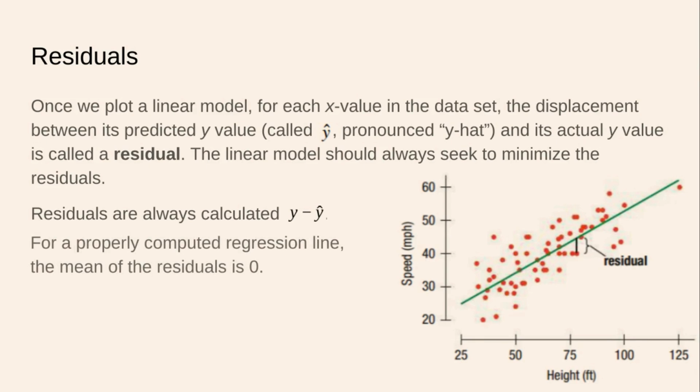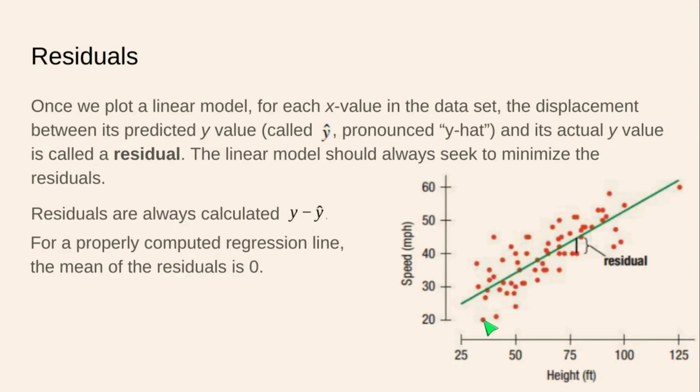For a properly computed regression line, the mean of the residuals is 0. Think about it. If you have a good regression line, you're going to have the same total displacement of the values above the regression line as you do the displacement of the values below the regression line.